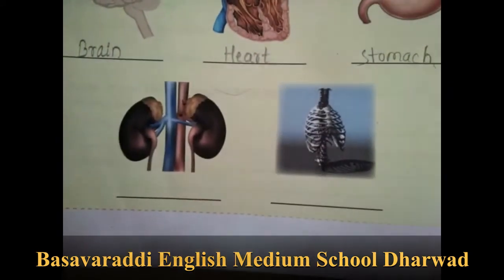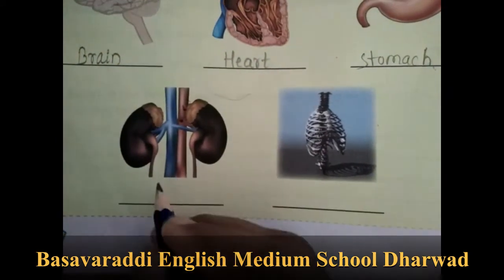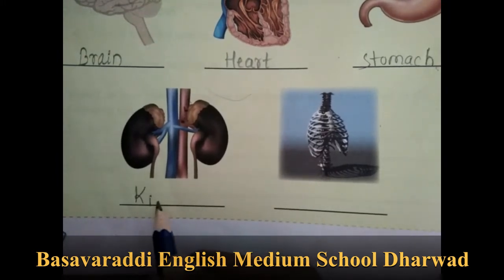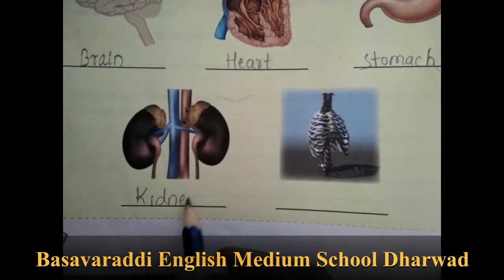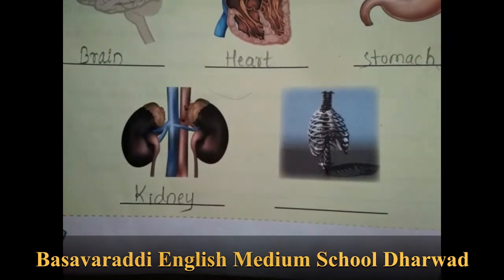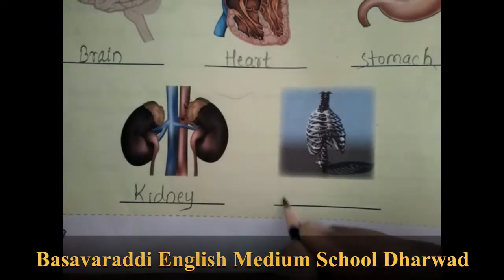Next, the fourth picture, that is kidney. Fifth one, that is rib cage.